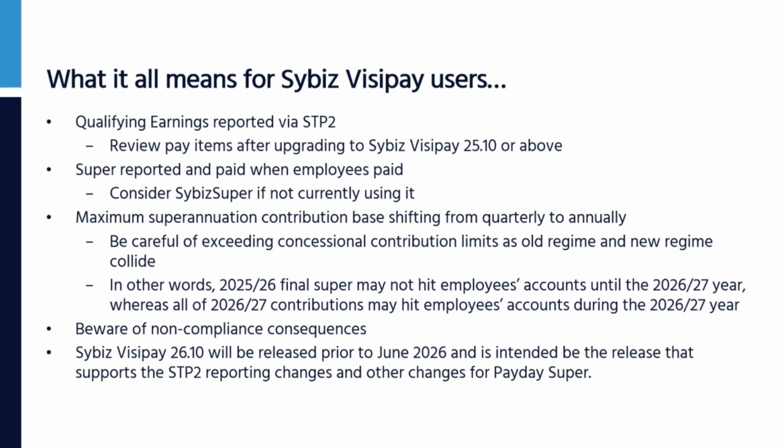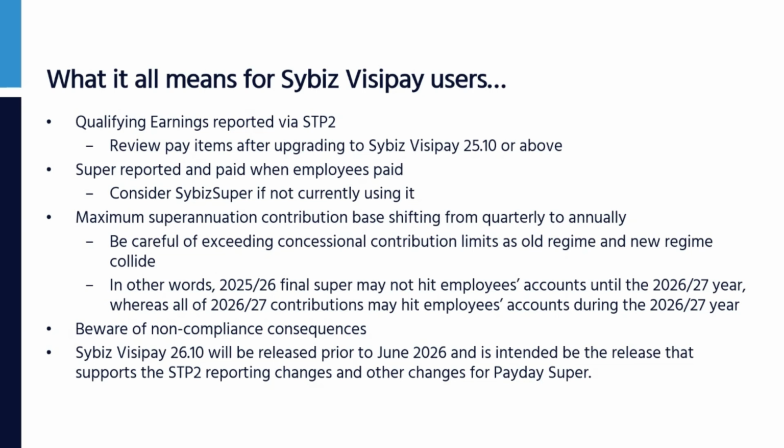And we are soon to release Sybiz Visipay 26, but because we haven't been given the STP2 details yet, we will need to do another release. And we are, as much as possible, going to be targeting that release version will be version 2610. If that changes, we will let you know. But I guess the point that I'm making here is if you get our general release of the software in a month or so and you go on to version 26, that's not going to tick all the boxes as to what's required for the Payday Super world.